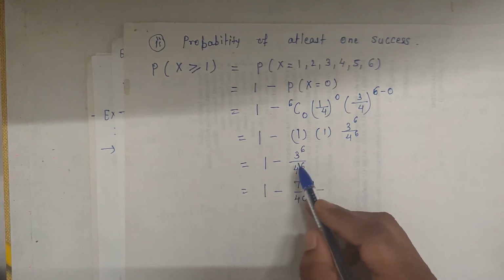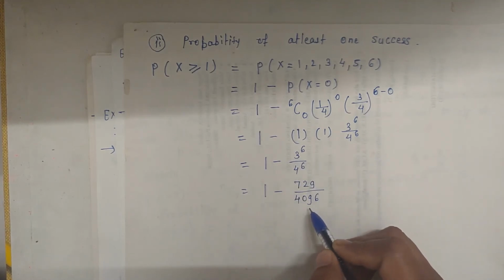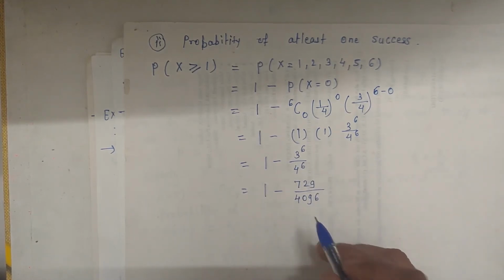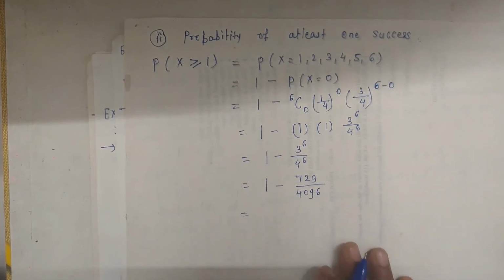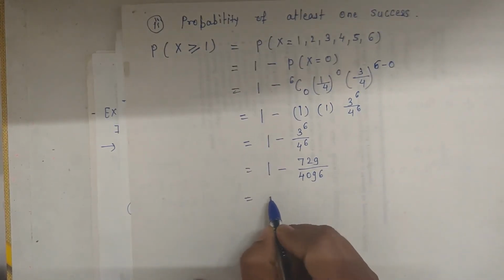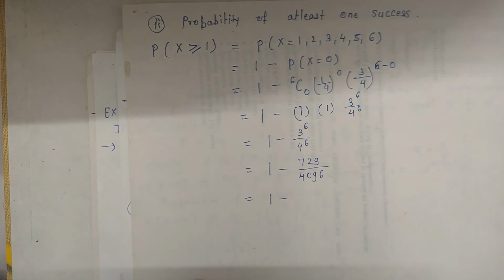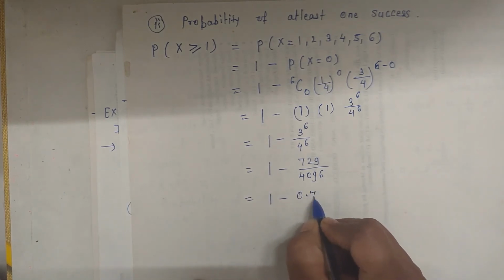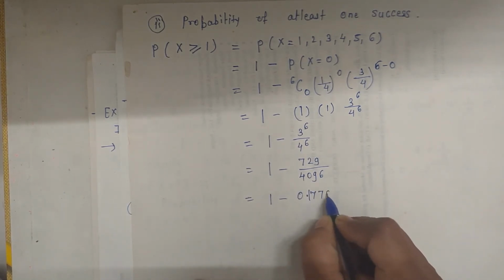Here 1 minus 3 raised to 6, 729, divided by 4 raised to 6, which is 4096.